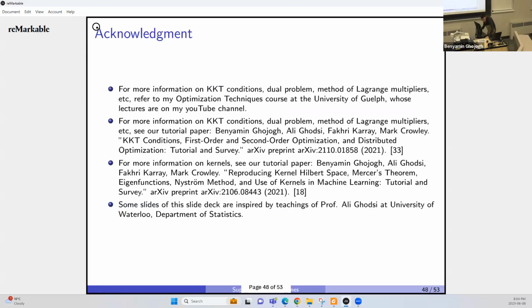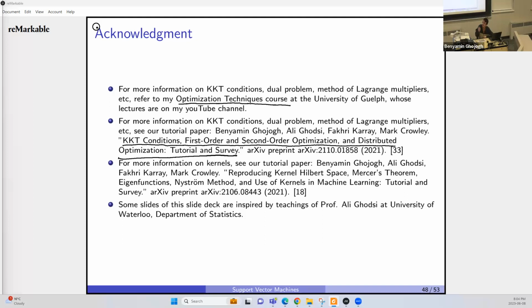Here, acknowledgement and references also for you guys. For more information on KKT conditions, dual problem, method of Lagrange multipliers, etc., refer to my optimization techniques course on YouTube. Also, for more information on these, you can take a look at my tutorial paper, KKT conditions, first order and second order optimization and distributed optimization tutorial and survey.